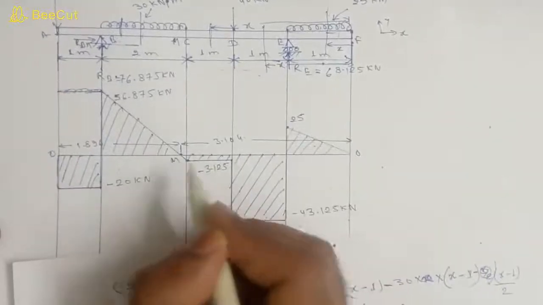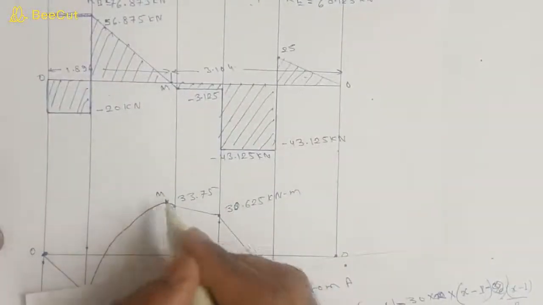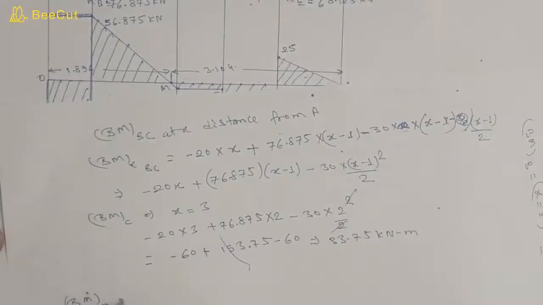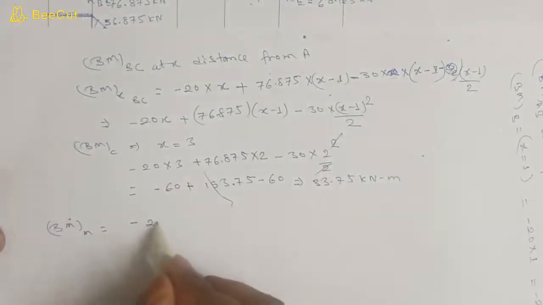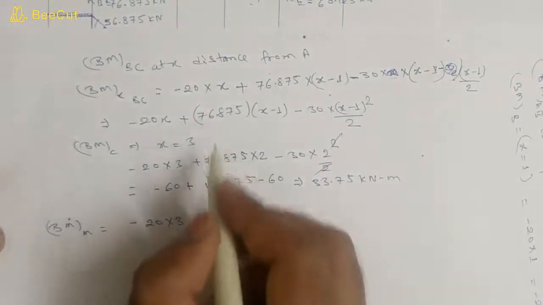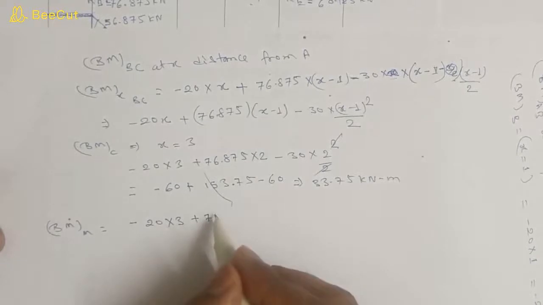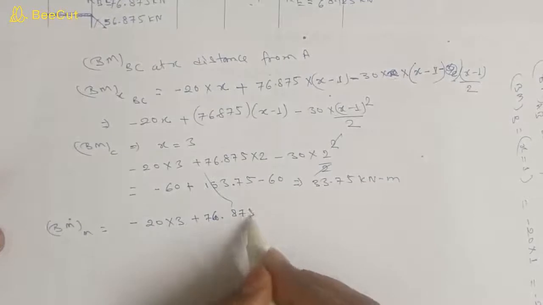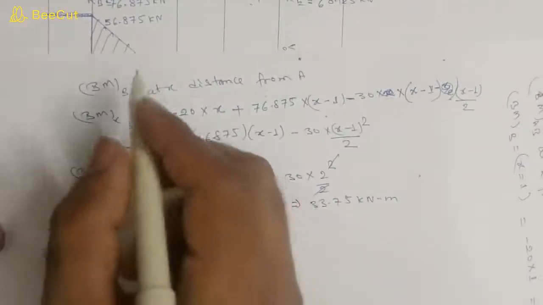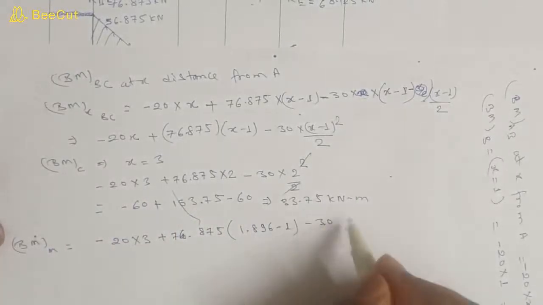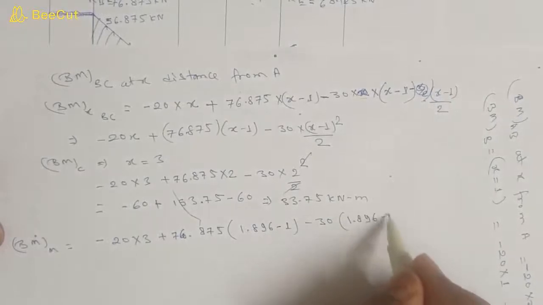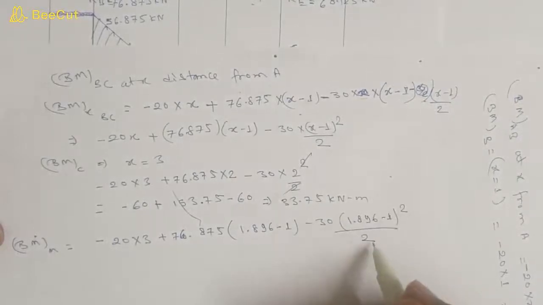So value of bending moment at M will be minus 60, minus 20 into 3 plus 76.875 into x, which is 1.896, so 1.896 minus 1, minus 30 into 1.896 minus 1 to the power 2 divided by 2.